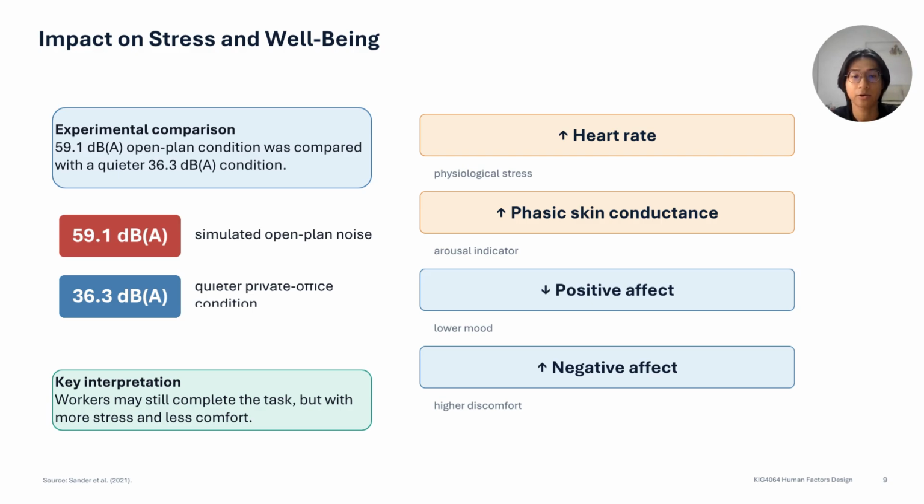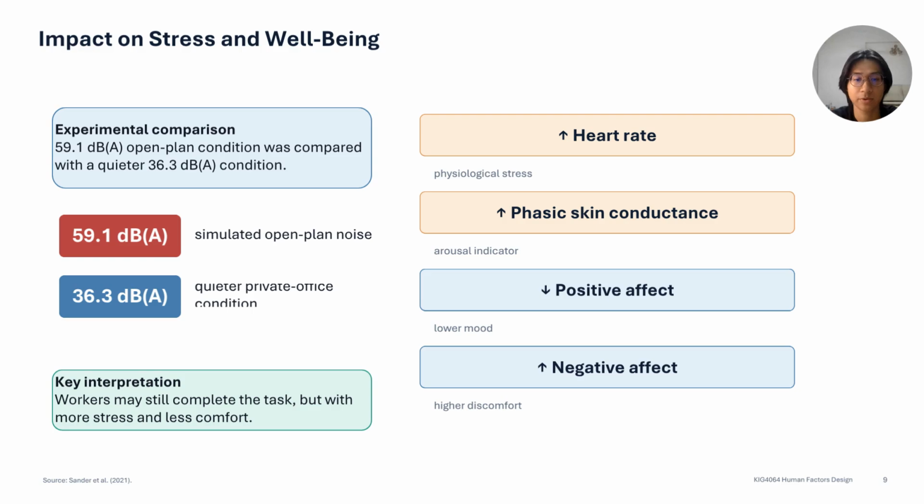Furthermore, Sanders et al. compared a 59.1 dBA simulated open plan office condition with a quieter 36.3 dBA condition. The open plan condition produced significantly higher heart rate and skin conductance, which indicate increased psychological arousal. Positive affect decreased while negative affect increased.